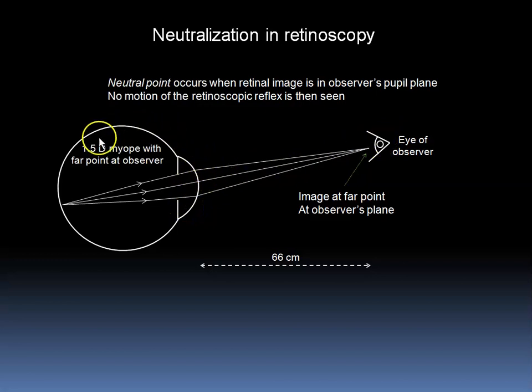In other words, an emmetrope with a 1.5 diopter lens in front will be perceived as having non-moving light in retinoscopy. So in summary, we add plus or minus lenses in front of the eye in order to get neutralization. In other words, bring the image of the retina onto the plane of the observer.